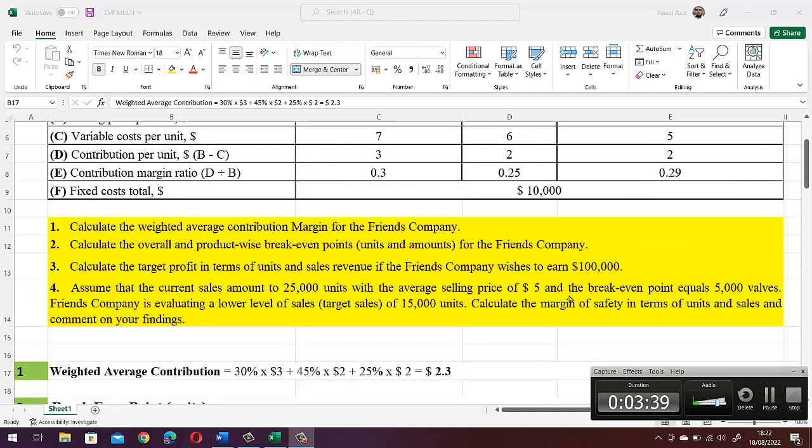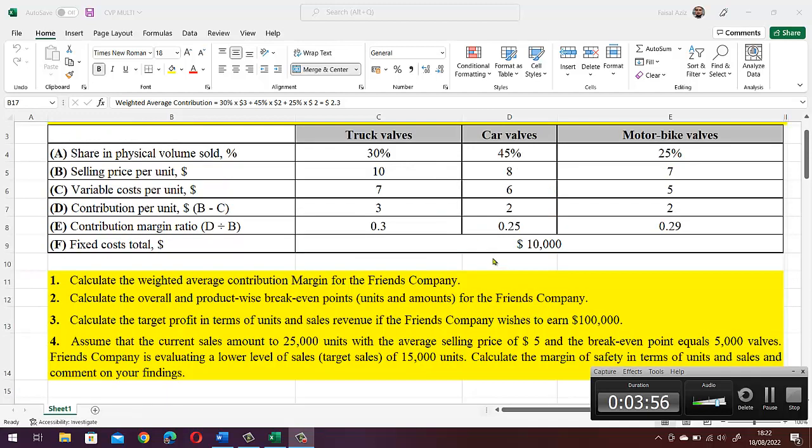The first requirement in this question is to calculate weighted average contribution margin for the friend's company. So let's see how weighted average contribution is calculated. We can calculate weighted average contribution by simply multiplying the given weightages with the individual contribution of a given product. For example, for truck valves, the percentage is 30 and contribution per unit is 3.